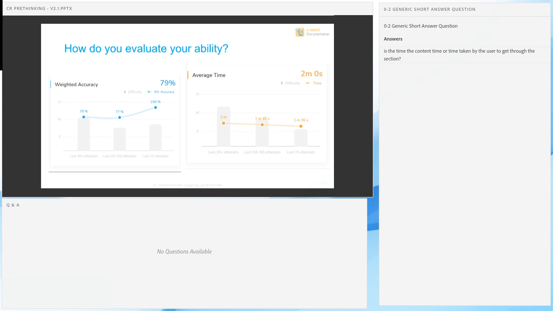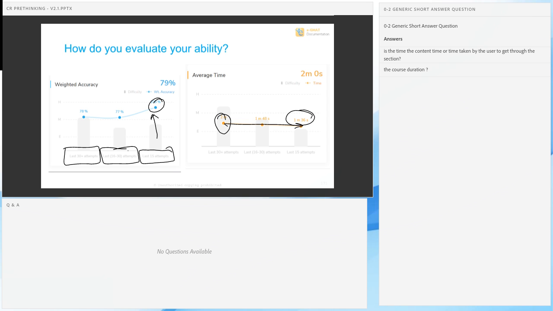Now, about timing, this is really, really critical. You can really see in this case how someone's weighted accuracy has gone up as they've gone from 30 plus attempts to 16 to 30 attempts and to the last 15 question attempts. And you can see how their timing has reduced. When you get better at visualizing, not only are you doing things much better, but you'll also see that you're getting faster overall.